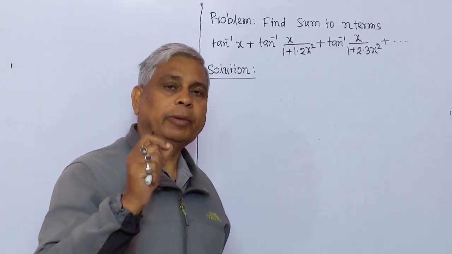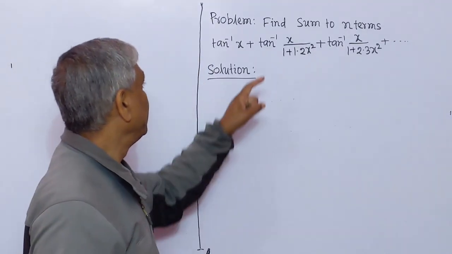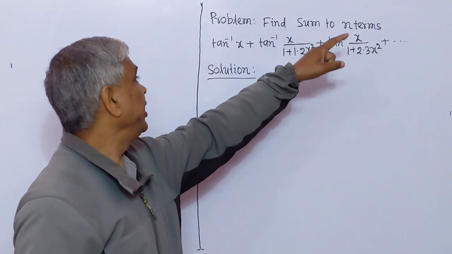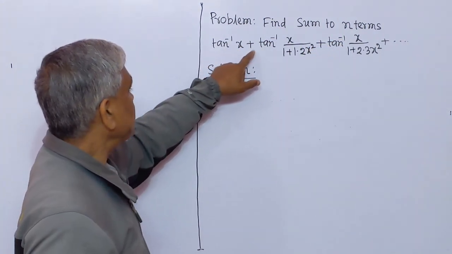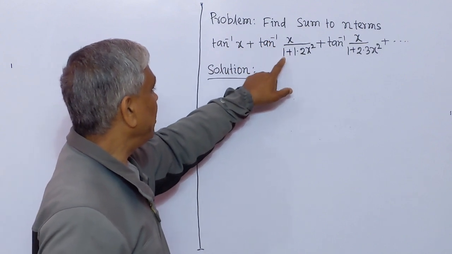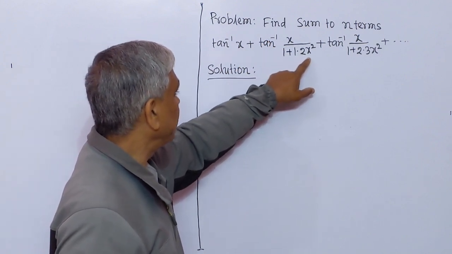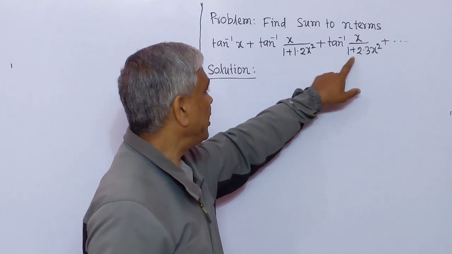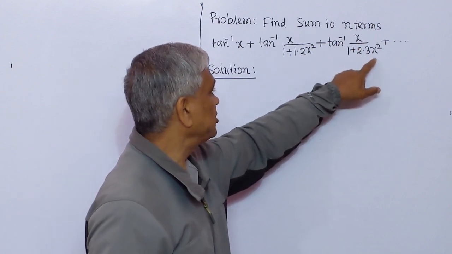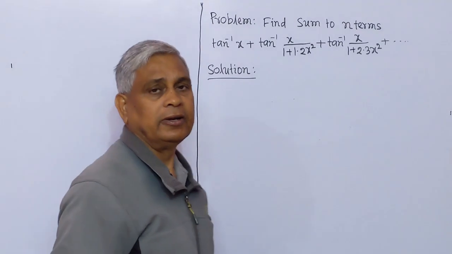Now we solve a problem. Problem is: find sum to n terms of the series tan inverse x plus tan inverse x by 1 plus 1 into 2 x square plus tan inverse x by 1 plus 2 into 3 x square plus dot.